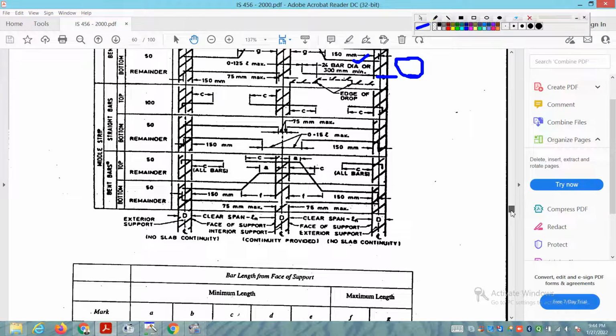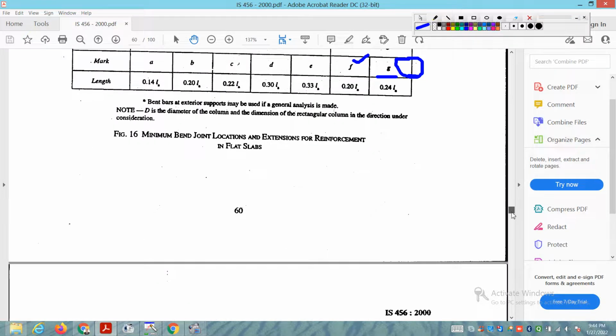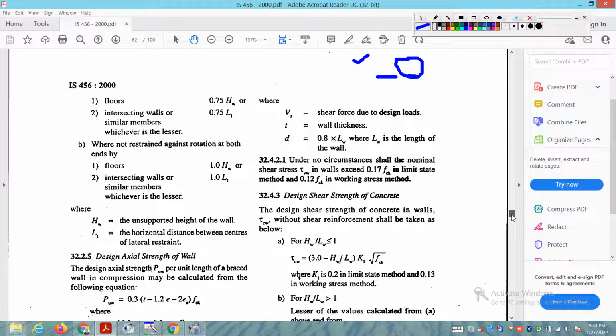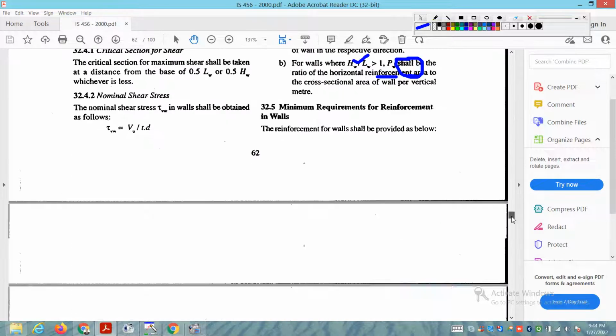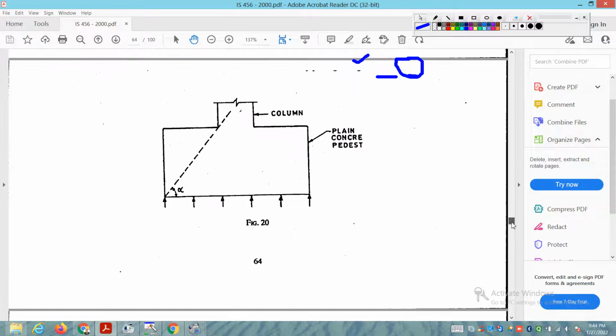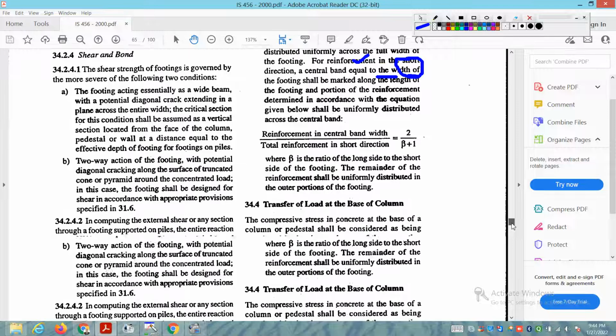See this again, continuity and discontinuity while designing continuous slab, one-way slab, two-way slab, right? How to consider continuity and discontinuity. See here, when you design the stirrups, what should be the criteria for determining the spacing of the stirrups, that has also been given.